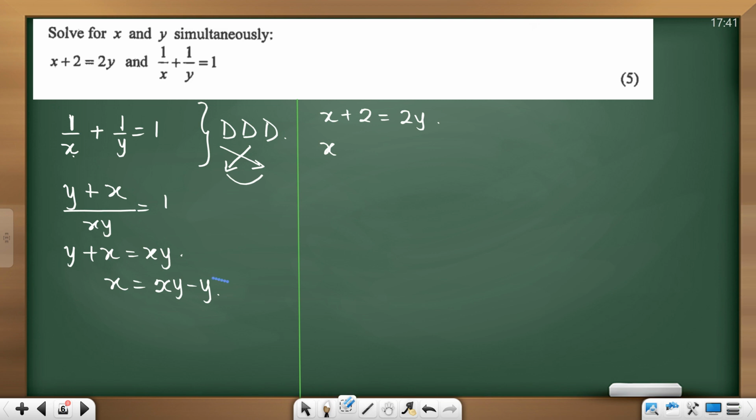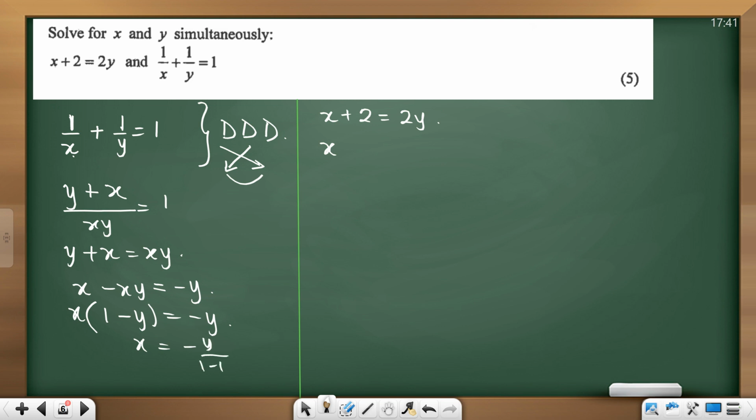I'm looking for x. Let's redo this. At x minus xy equals to negative y. What's common? X. 1 minus y. You cannot have x on both sides.